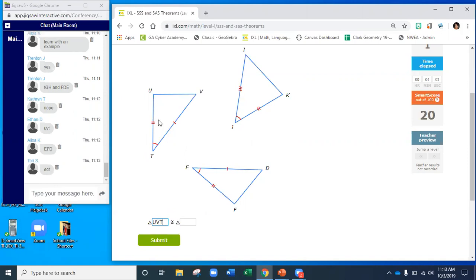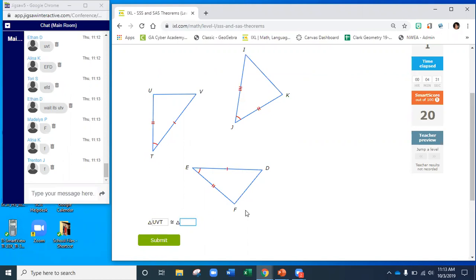All right, but we want to make sure we line it up correctly. So we have to make sure each part corresponds. So which part corresponds to angle U on our congruent triangle? It's okay. It doesn't matter the order of the first one, Ethan, and I'm going to show you why.